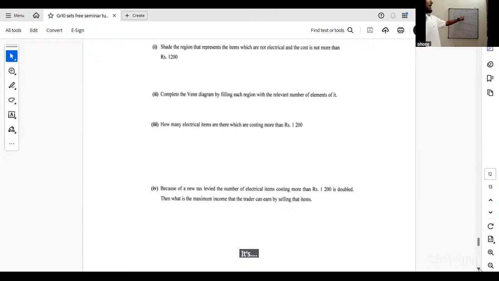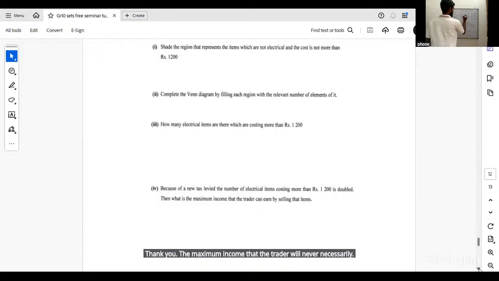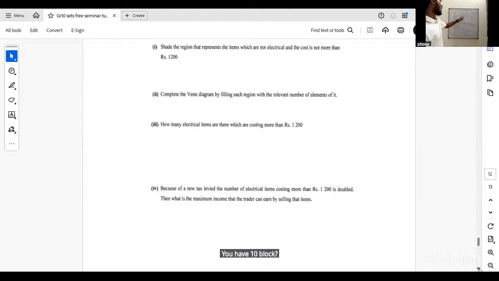So it increases, and then what is the maximum income that the trader can earn by selling the items? Here you have 10 plus 22. Now they say this becomes double, then this becomes 10.